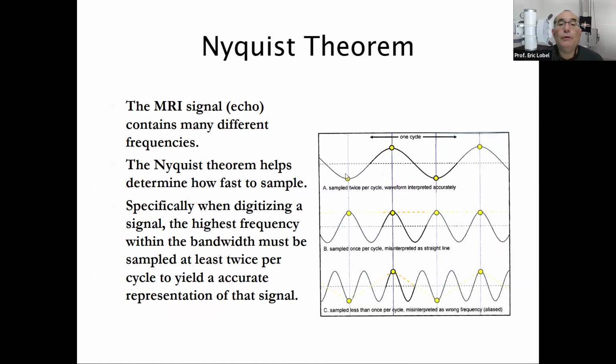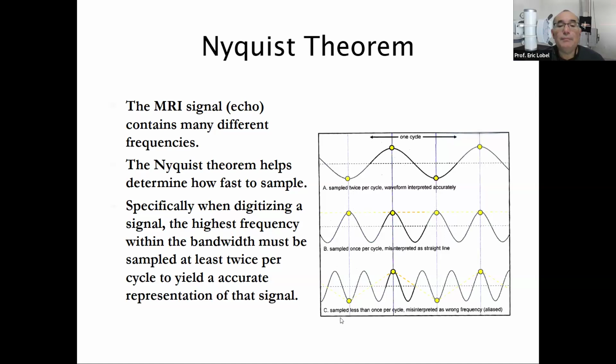We need to sample all across the bottom and then the top, right? So the troughs and the crests. If we sample only one, so just the tops, that's not enough. Nyquist theorem basically says we have to sample twice per cycle. So this is going to be misinterpreted because it's basically a straight line instead of kind of getting all of this.